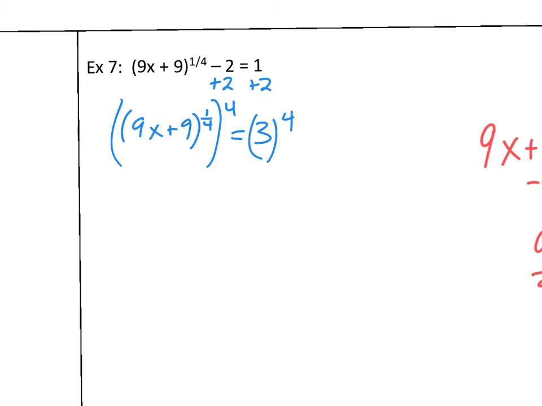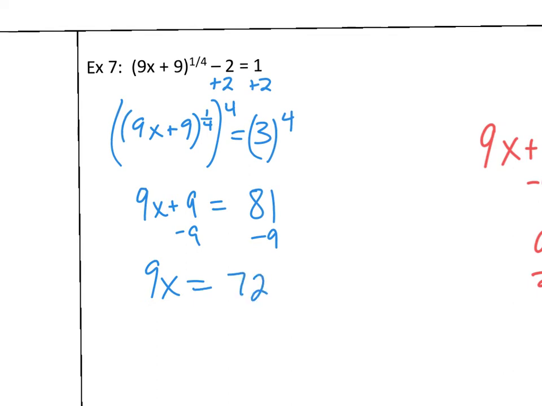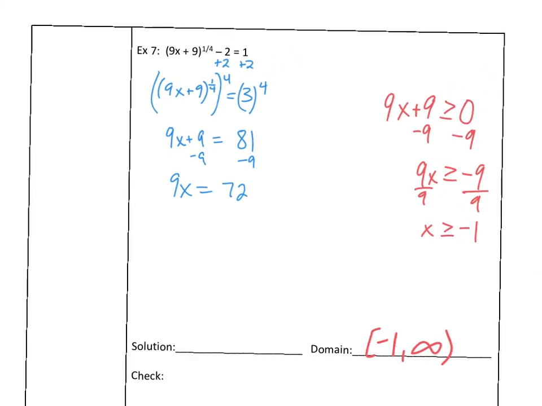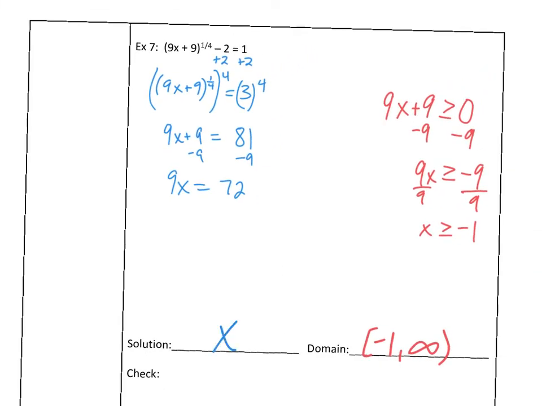What's the left side become? 9x plus 9 equals 81. Raise your hand if you got that far. Good. Now what? Minus 9. So 9x is 72. And what's x going to be? 8. That is your solution.